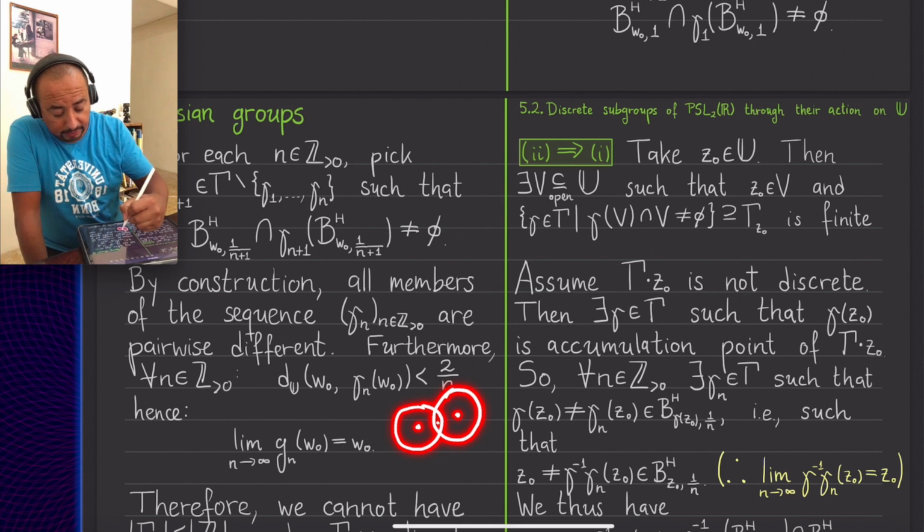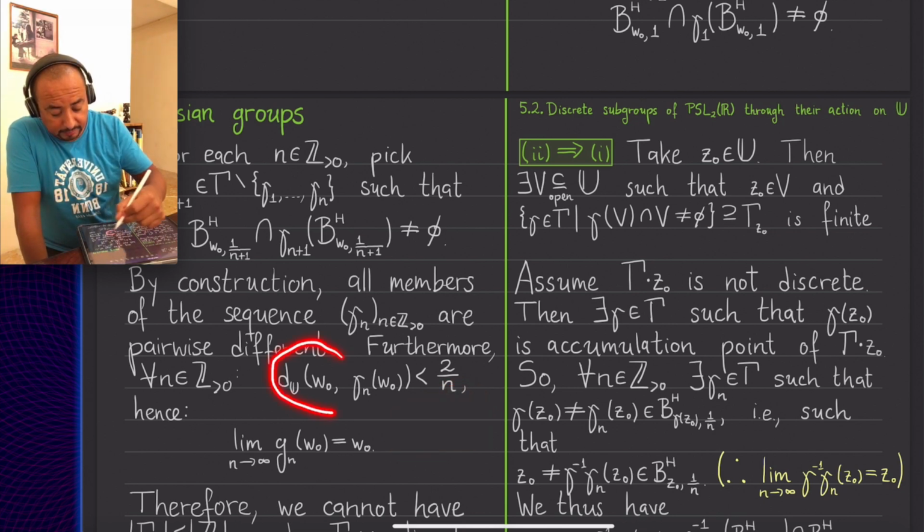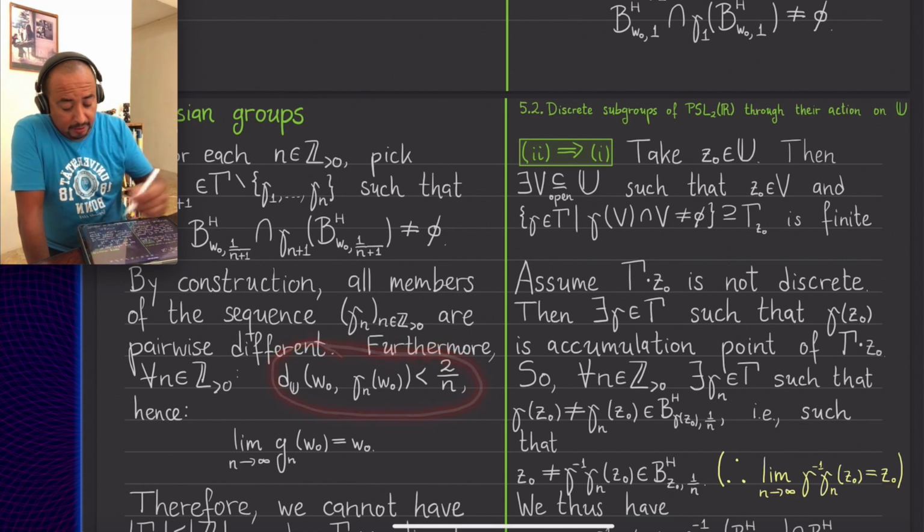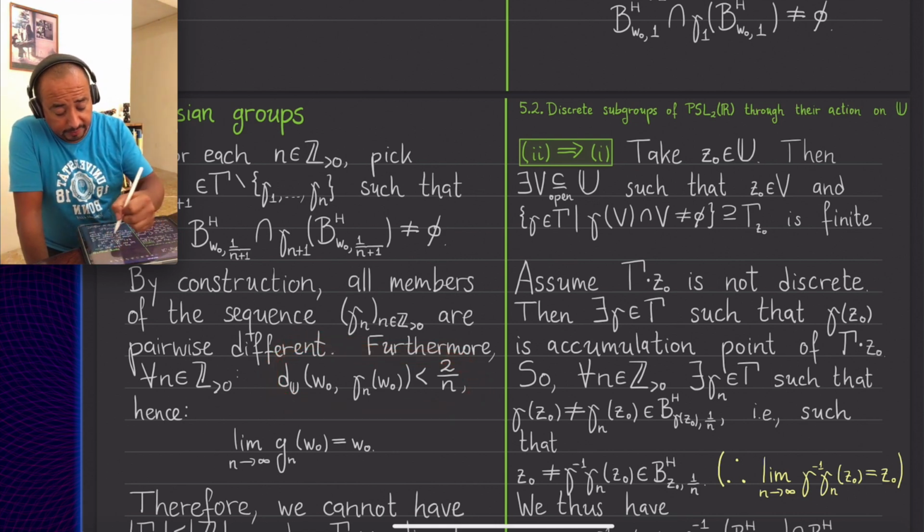So there is some point in the intersection. So the distance between W0 and gamma n of W naught is less than this plus this, right? By the triangle inequality. So this distance is less than 2 divided by n.